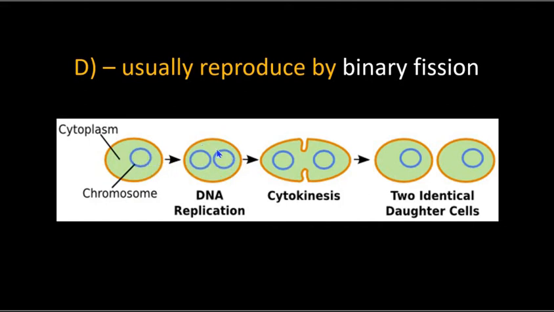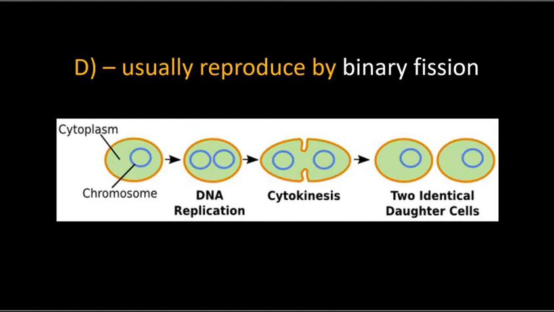So you end up with 2 of these chromosomes internally. Then all that happens is you have cytokinesis, the cell splitting. Okay, cyto, remember, means cell. Kinesis is movement. So you have this movement to actually split the cells. And what you end up with is these 2 cells that are completely identical to each other.